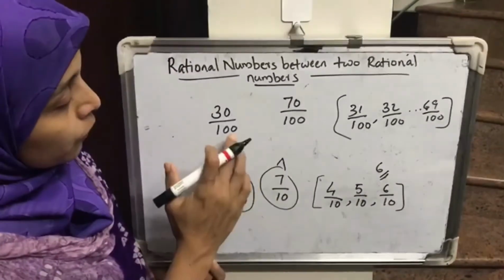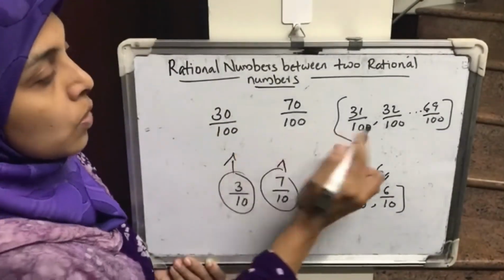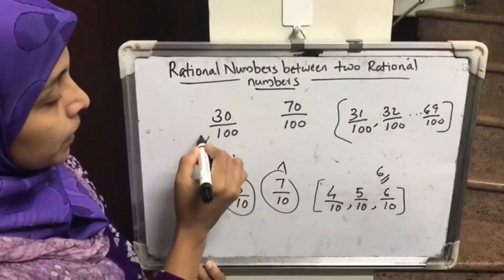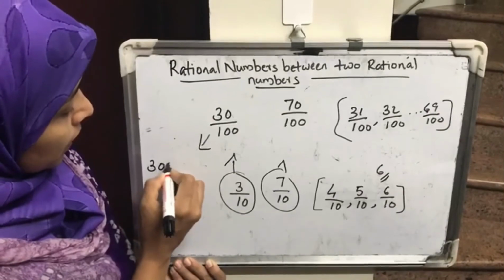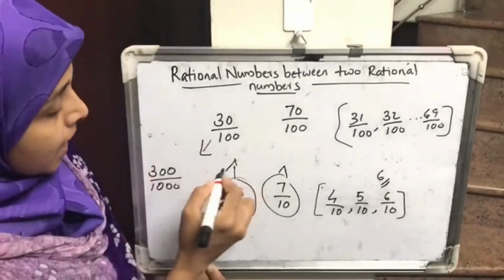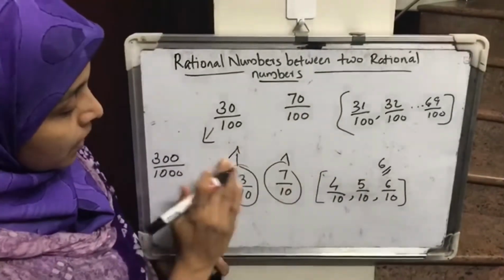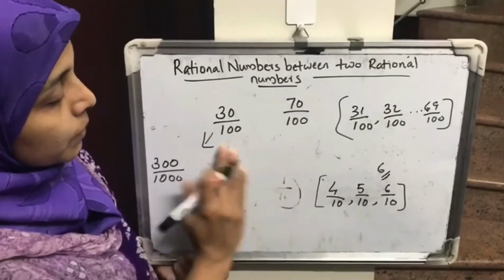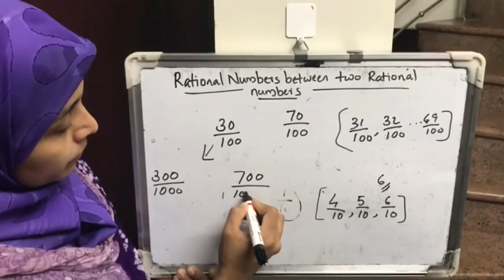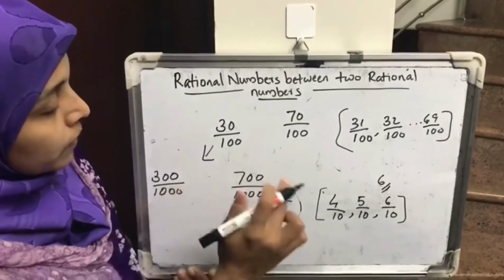That is clear. Now we got only this much, which we can also count. If instead of 30 by 100 we write 300 by 1000, because it is the equivalent rational, and instead of 70 by 100 I write 700 by 1000, now how many do we get?